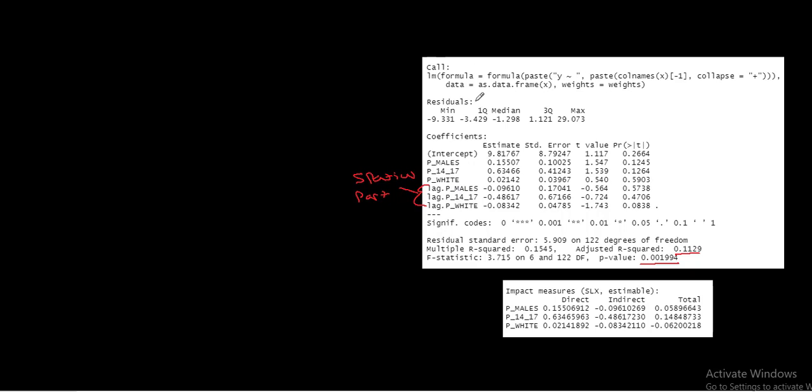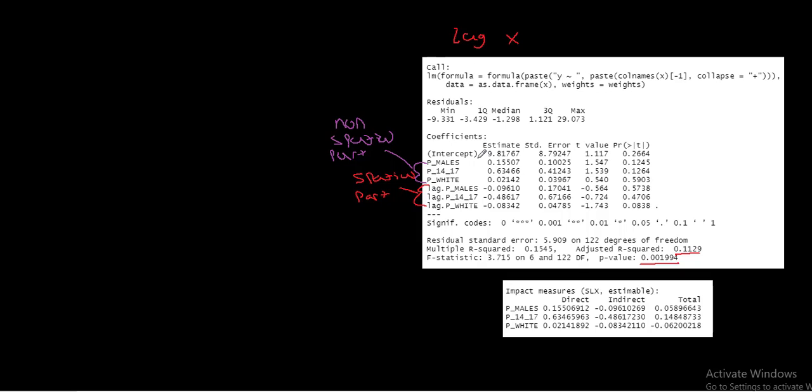But what I want to draw your attention to is the fact that with a spatially lagged X, this is the lag X model, this lag dot is the spatial part. This part up here, where it looks just like a normal model, this is the non-spatial part. Here's where things get a little tricky.